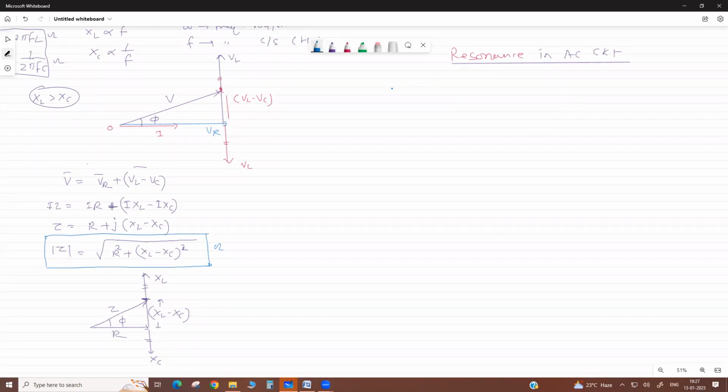Here we discuss only series resonance. This is the condition in a series RLC circuit.